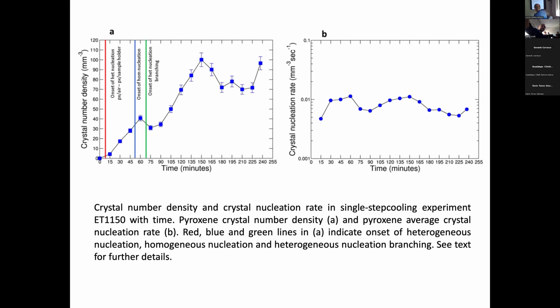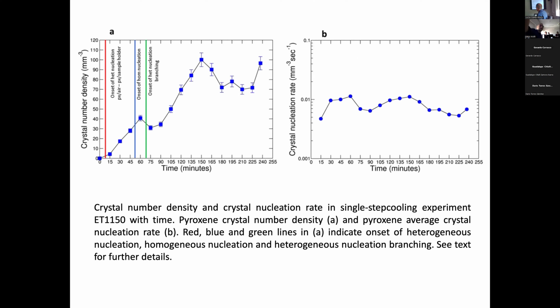Then the numbers went down at this point. It doesn't mean that you have dissolution. It means that the crystals start to coalesce. Basically, they are attached together when we count them, and if they are attached together during our segmentation, you cannot separate them anymore. So it doesn't mean that the number didn't increase, but just that they are touching each other.